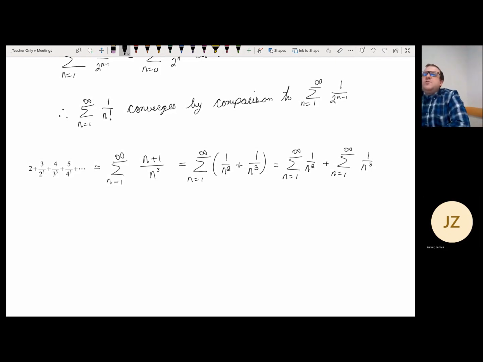N plus 1 over n cubed. Can't we write that as 1 over n squared plus 1 over n cubed? Remember, summation is linear. So we can split that into two series. So we have the sum of two series.